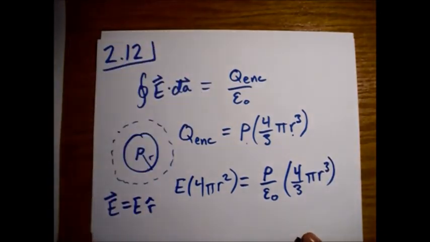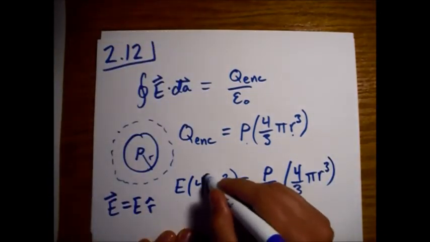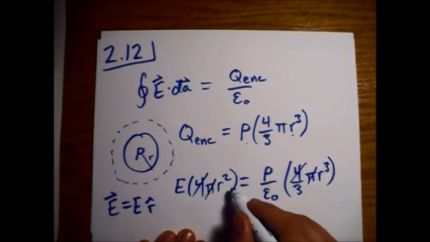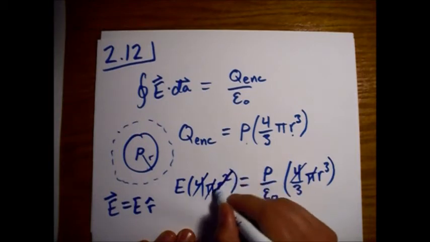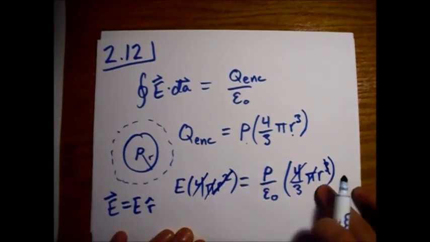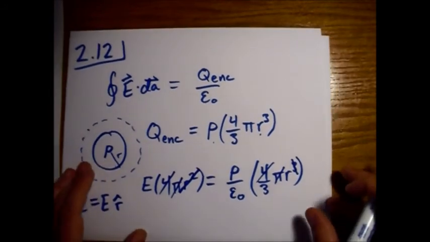All right. Well, this is great because these 4's are going to cancel, and so are the pi's, and this r squared will cancel with 2 of the r's in the r cubed, and we only have 1 left.